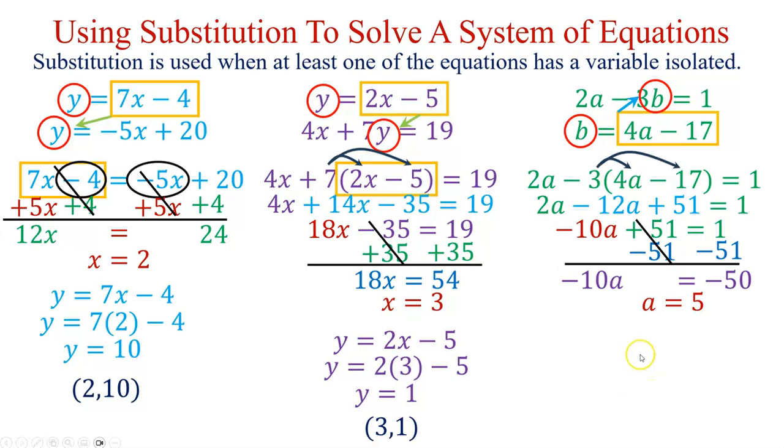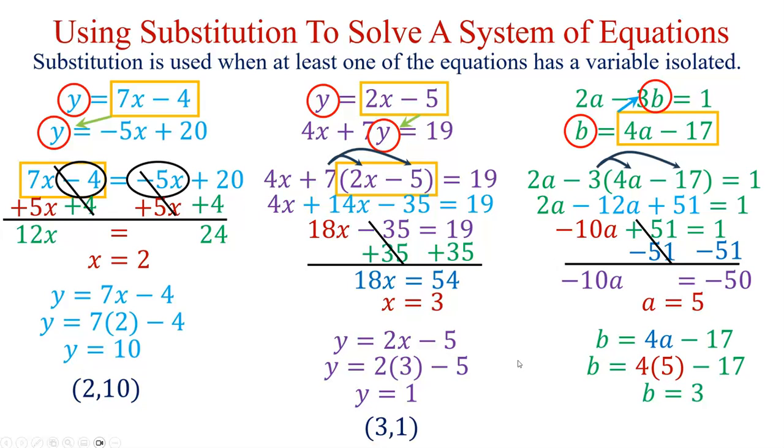So that's the first coordinate of our ordered pair. Like all the others, here we used the first equation in finding the first variable, so I'll use the second equation, which is set up for us to find the other missing coordinate. So b equals 4a minus 17. In place of the a, we'll put the 5. 4 times 5 is 20. 20 minus 17 is 3.